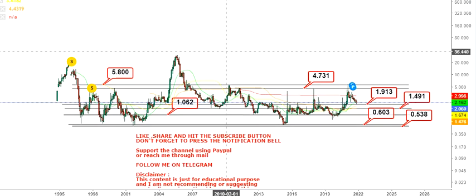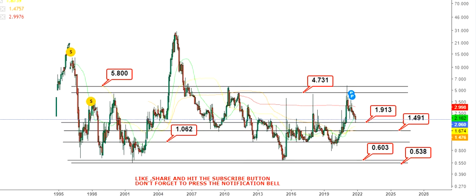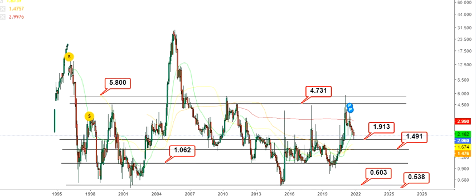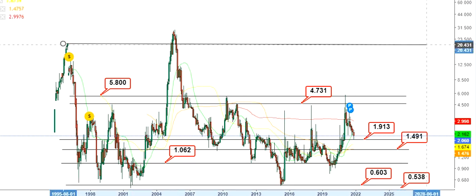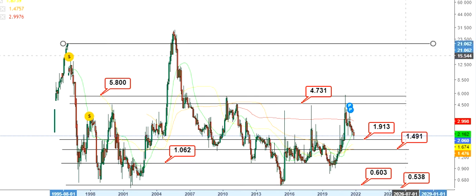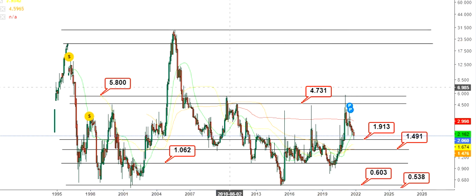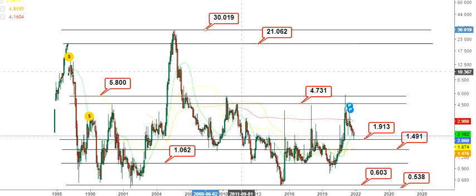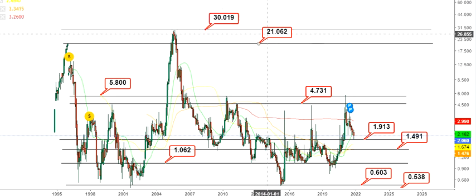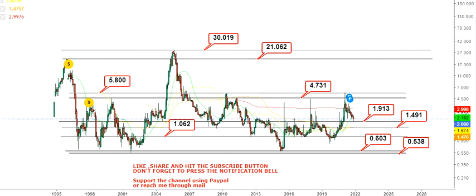But if the stock moves beyond $5.8, we have two big levels that will open up for us, because we are expecting a big swing or a fast swing beyond 5.8. If the move happens beyond 5.8, we have two big levels to look at in the upcoming weeks and months or years probably, and they will be between 21 and $30.